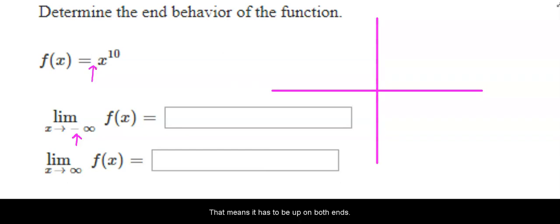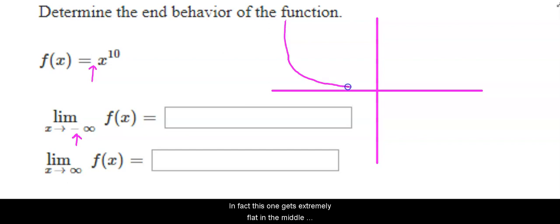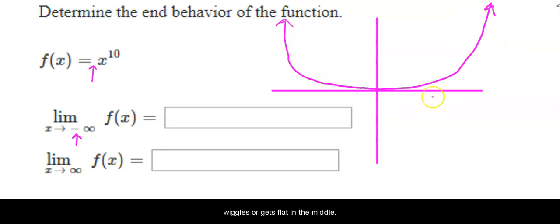That means it has to be up on both ends. In fact, this one gets extremely flat in the middle and then goes up like this. I would not expect you to know necessarily that it's going up like that. What I would expect you to know is that on the far left it goes up forever and on the far right it goes up forever, and you might not know whether it wiggles or gets flat in the middle.